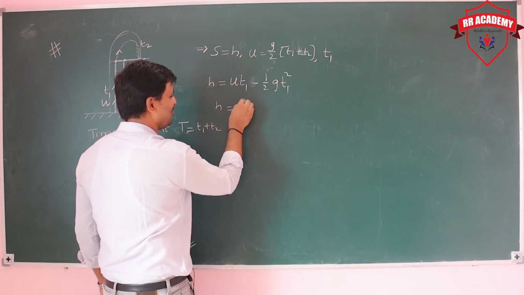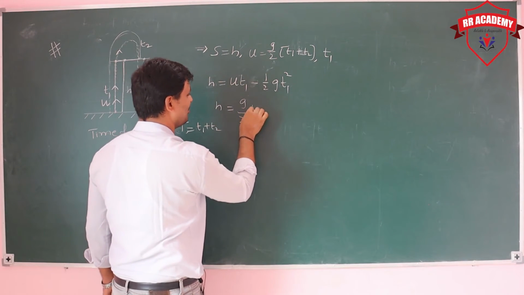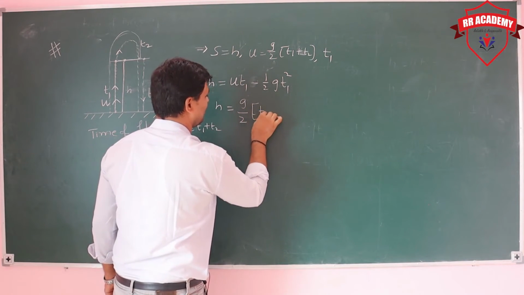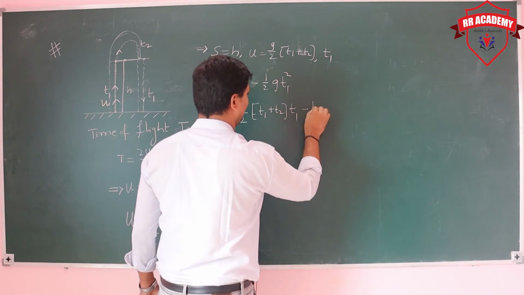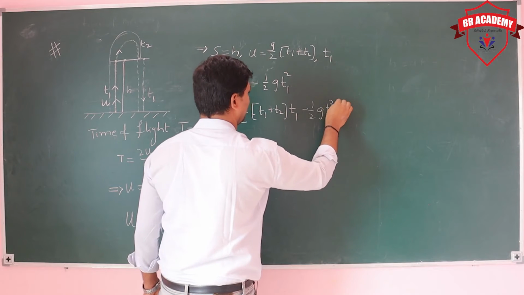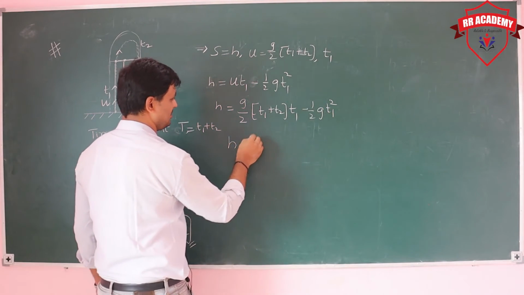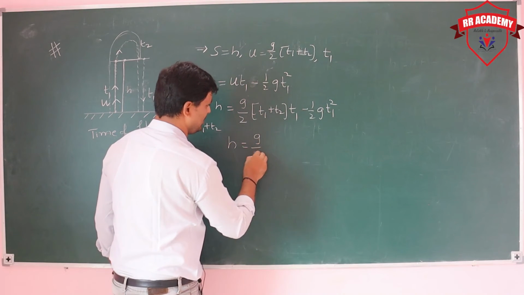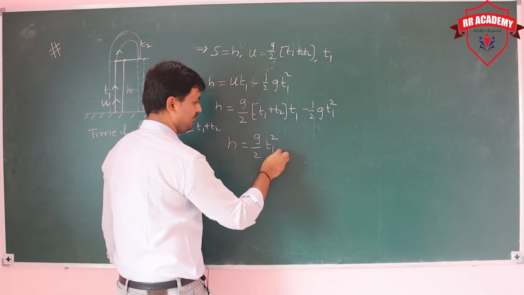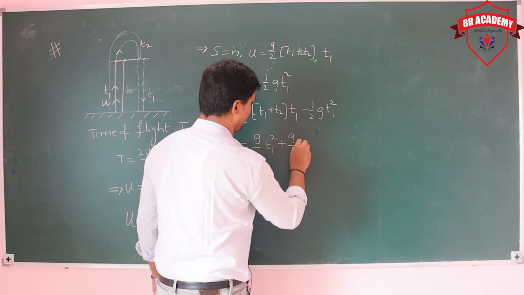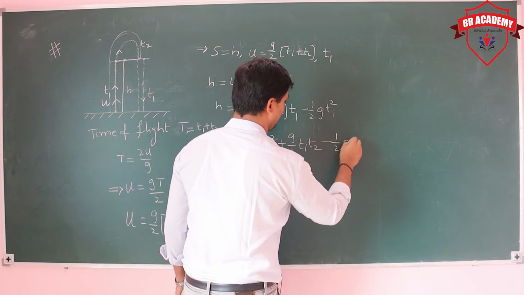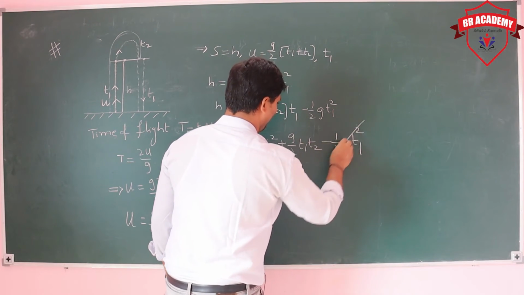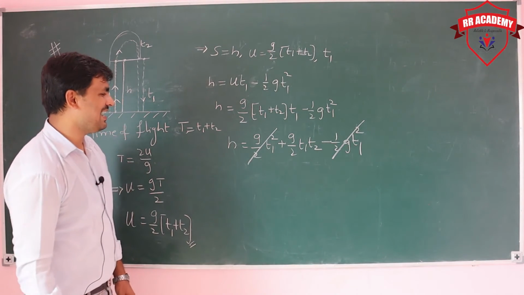Then put the u value: g by 2 (t1 plus t2) into t1 minus half g t1 square. Then h is equal to g by 2 t1 square plus g by 2 t1 t2 minus g by 2 t1 square, so the t1 square terms will be cancelled.